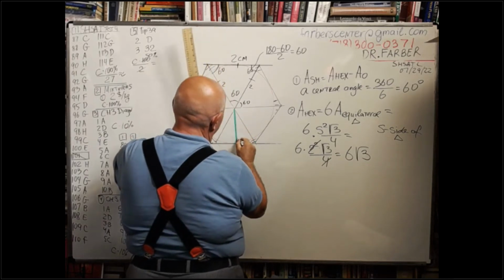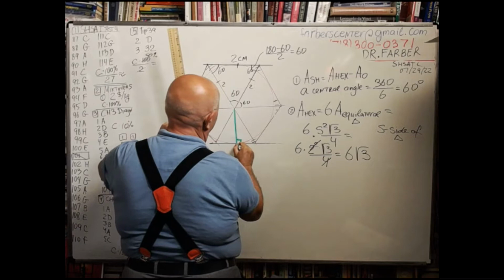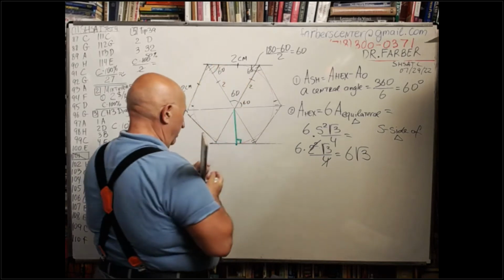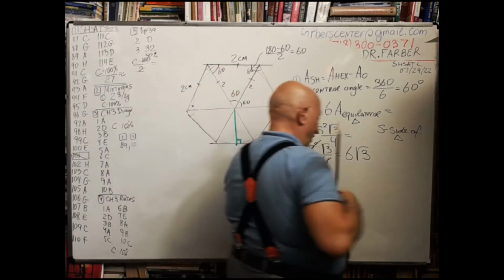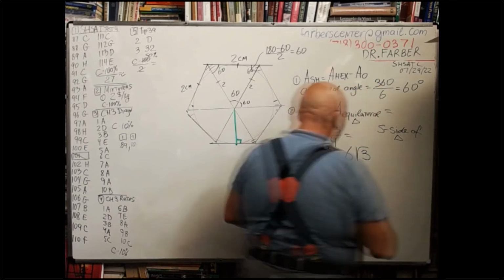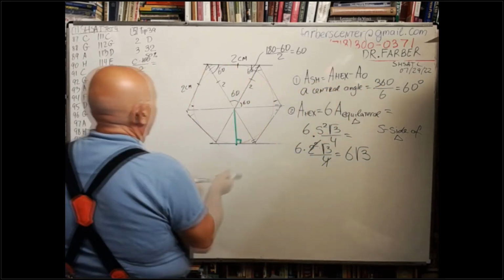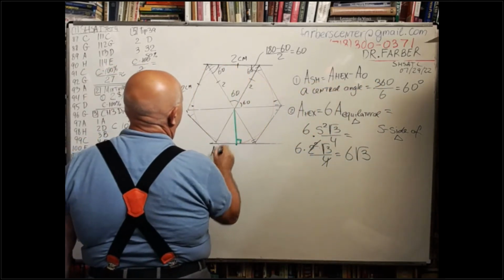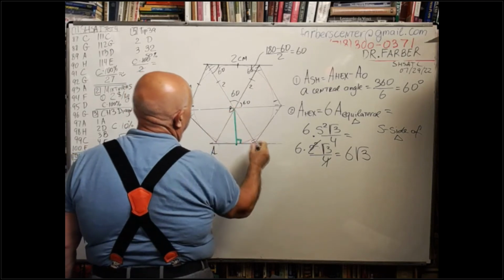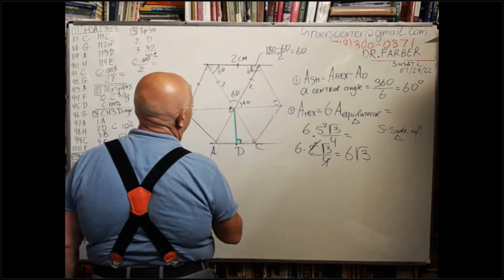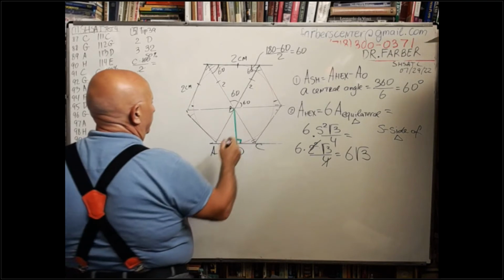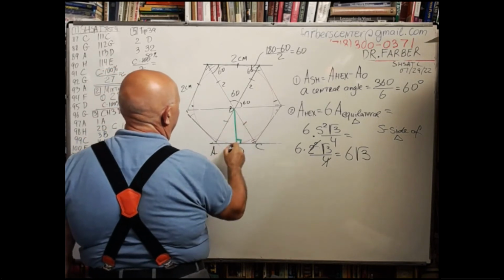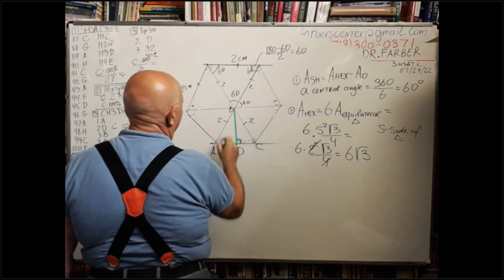You know, radius is always perpendicular to the point of tangency. And this triangle A, B, C, D. First of all, equilateral triangle. This, and this, all of them too.